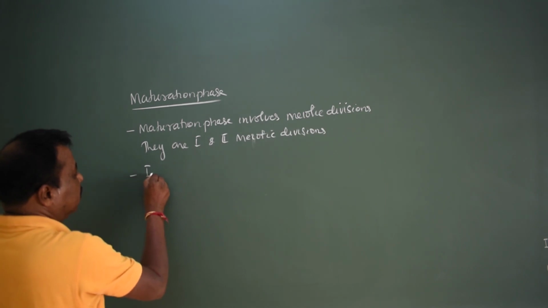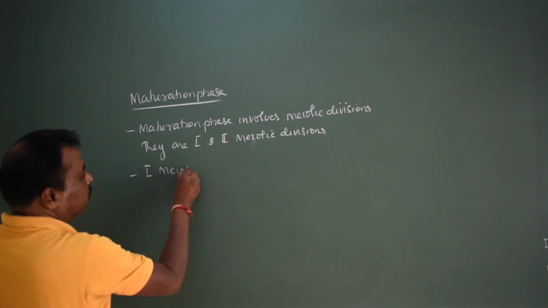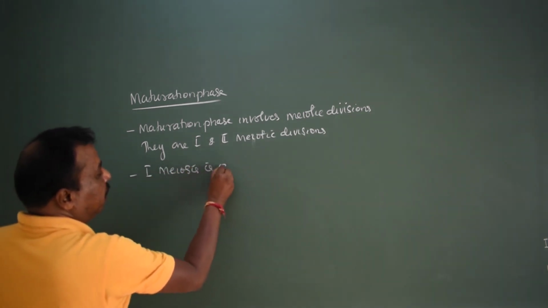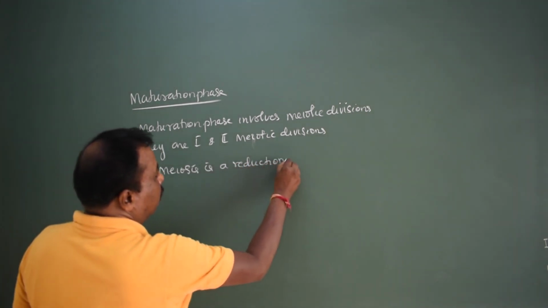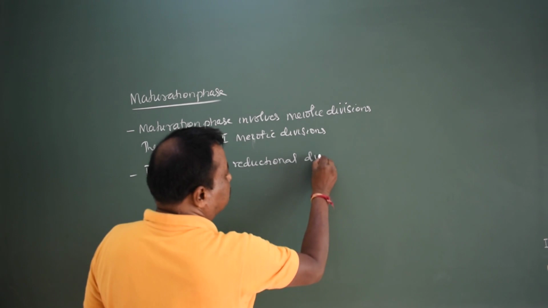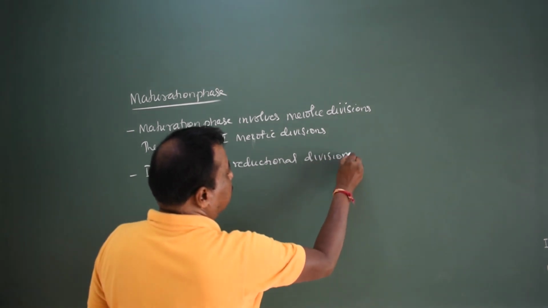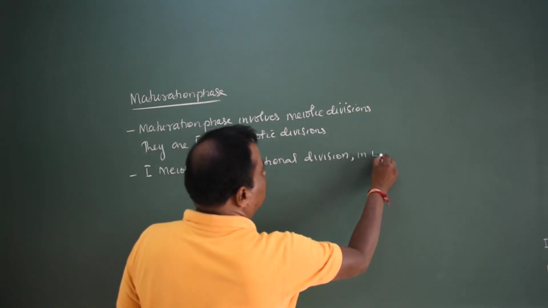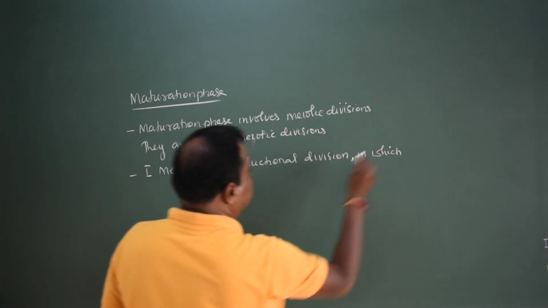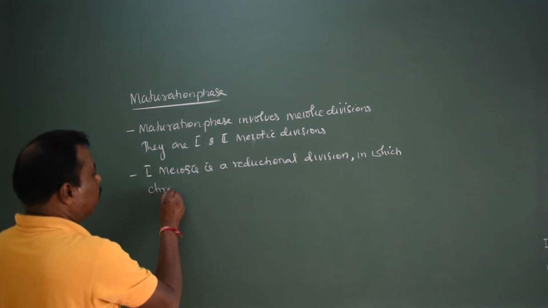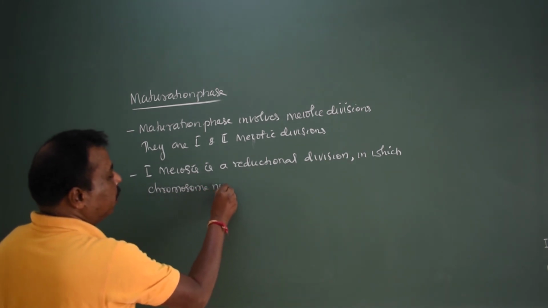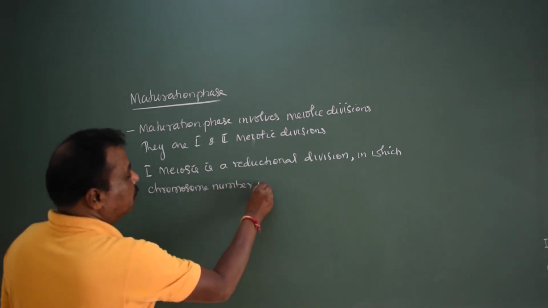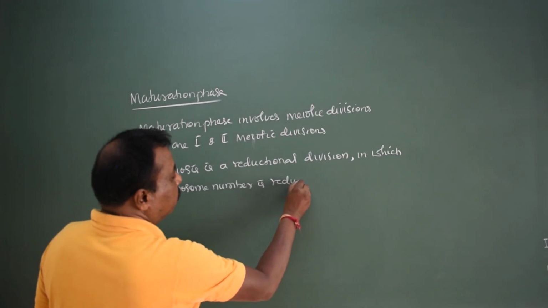First meiosis is a reductional division in which chromosome number is reduced to half.